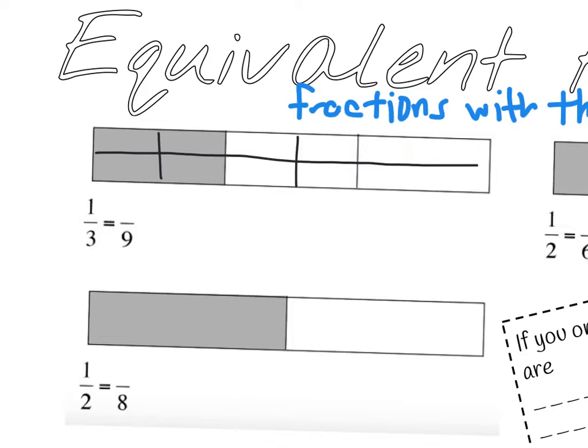So here they have tenths, so they might even go through and erase this. But the problem with this, when you look, is that not all the pieces are the same size, because now you have these pieces that are smaller than the piece over here. So these would not be equivalent fractions, even though we have ninths, because right now it looks like we have 4/9 shaded.